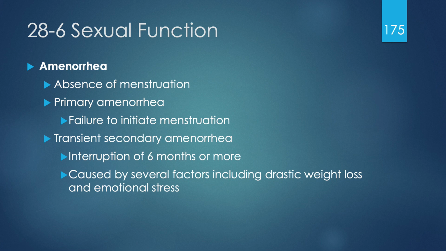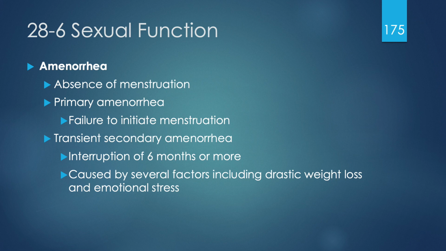Amenorrhea is defined as the absence of menstruation, and primary amenorrhea is when menstruation never occurs in the first place. Transient secondary amenorrhea is exactly what it sounds like. It's transient, it's passing, and it's secondary to something else. So this is an interruption of 6 months or more of a normal cycle, and it can be caused by a number of different factors, including weight loss and emotional stress.